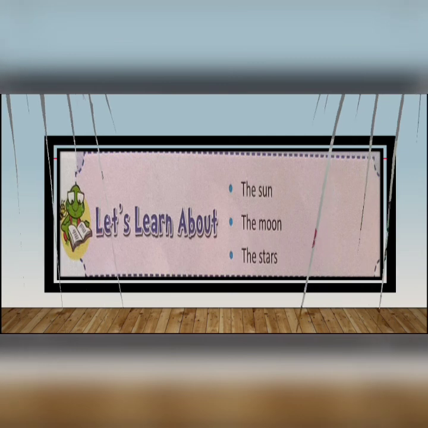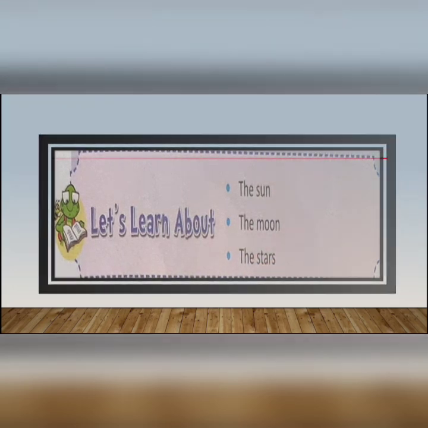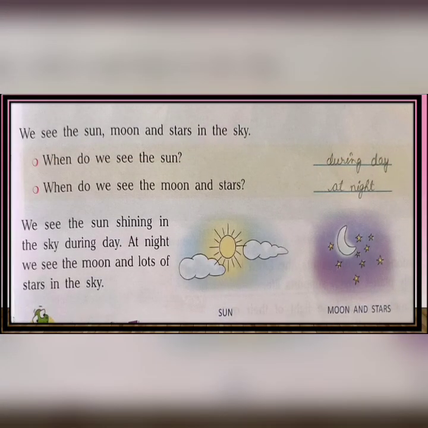First, let us know what we will learn from this chapter. We will learn about the sun, the moon, and also about the stars. When do we see the sun? We see the sun during day, and at night we see moon and stars in the sky.